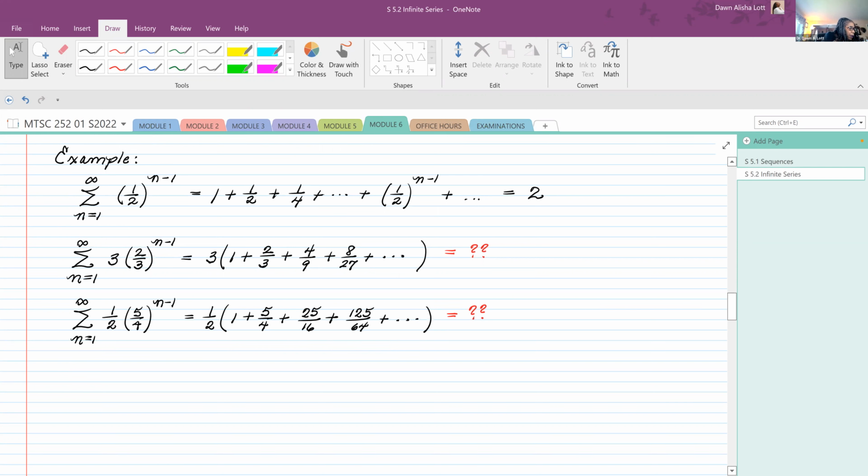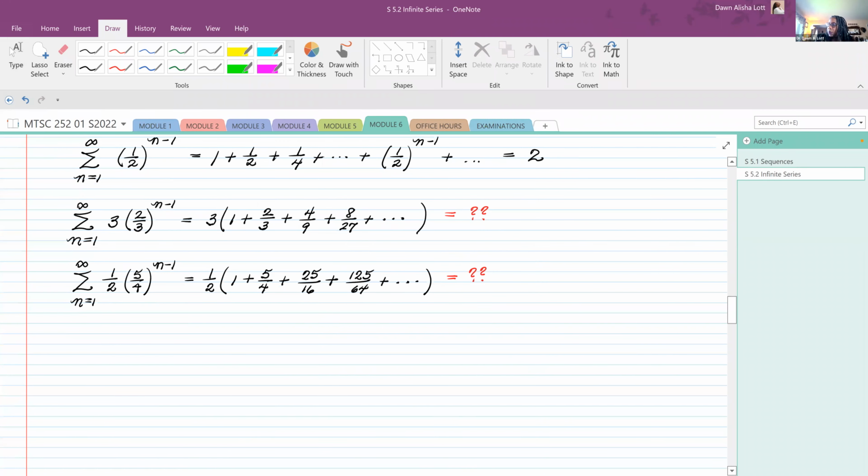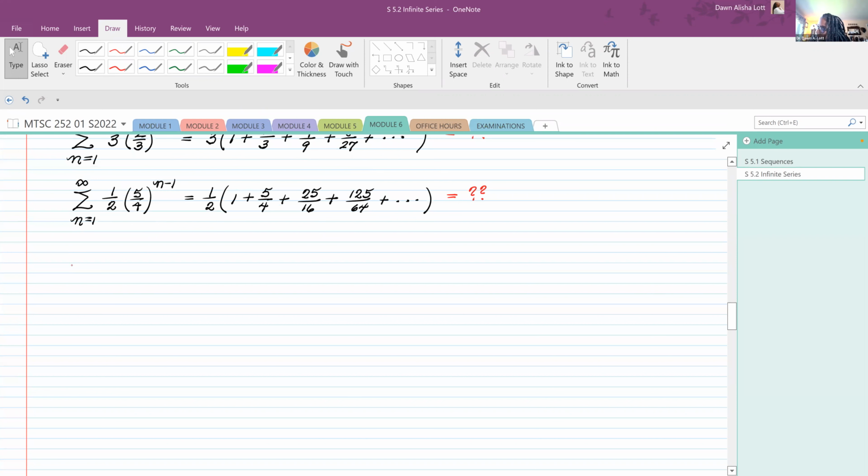Okay, so we're going to go back to the original form. So let's consider the sum n equals 1 to infinity of ar to the n minus 1. All right. So let's look at the nth partial sum.